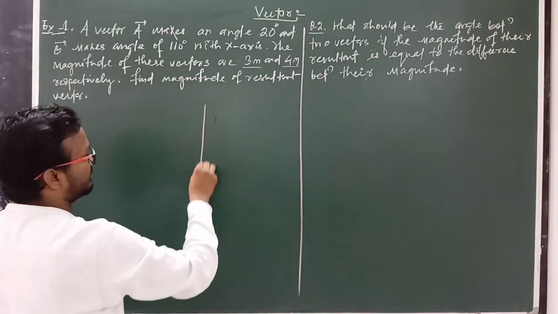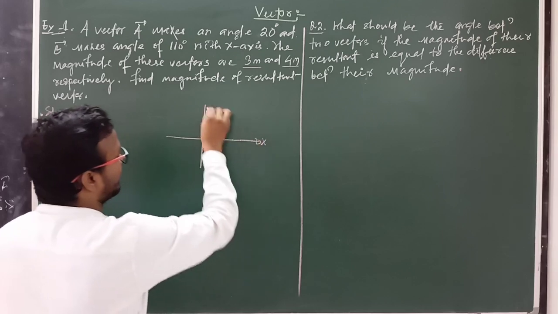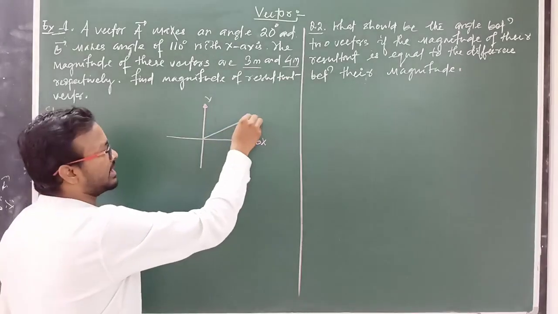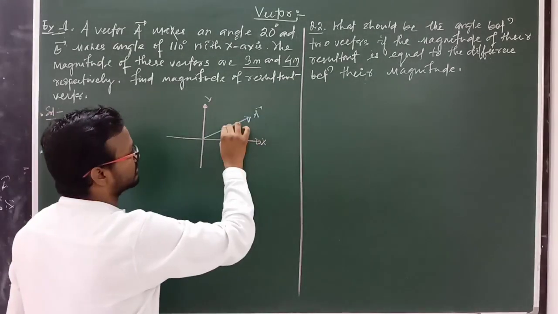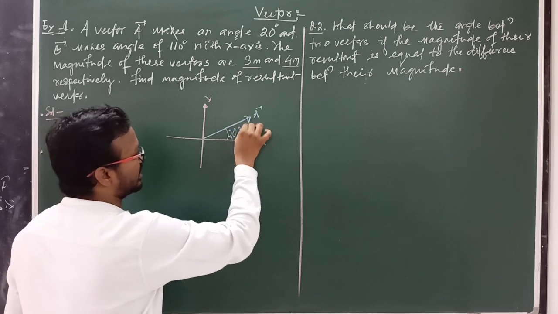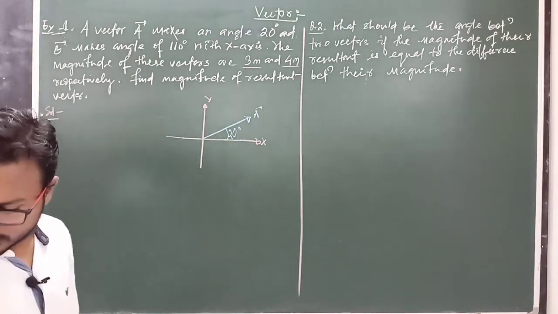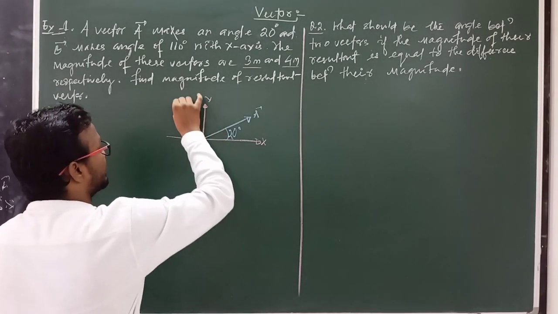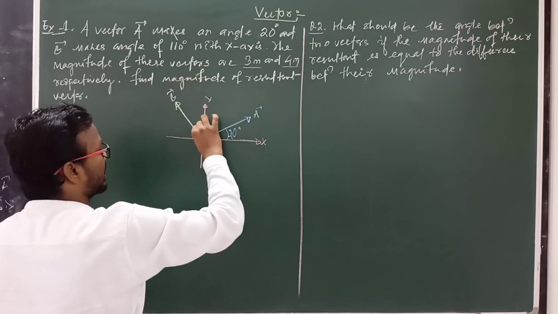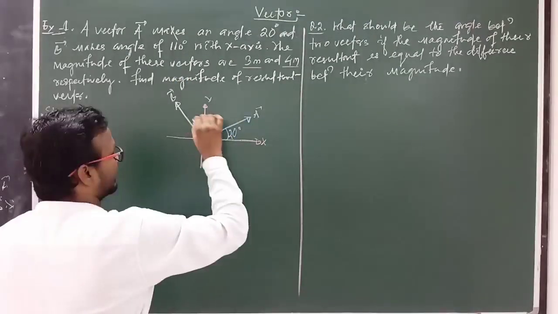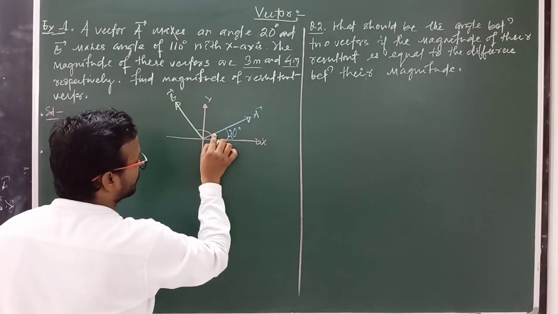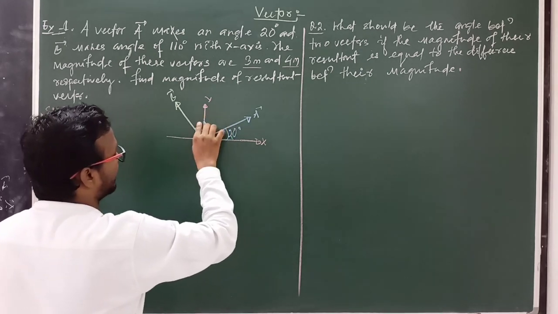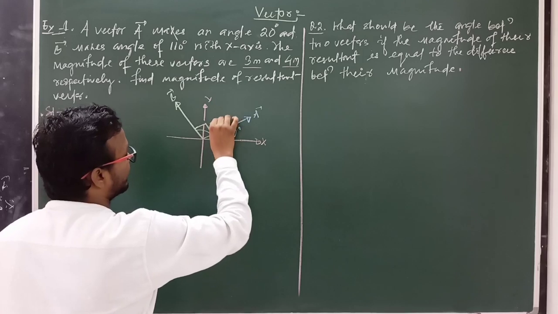Suppose I draw here the x-axis and this is the y-axis, and according to the question, vector A makes an angle of 20 degrees with the positive x-axis, and vector B makes an angle of 110 degrees, and this vector is B. The total angle is 110, so 90 plus 20 here. So the angle between vector A and vector B is 90 degrees.